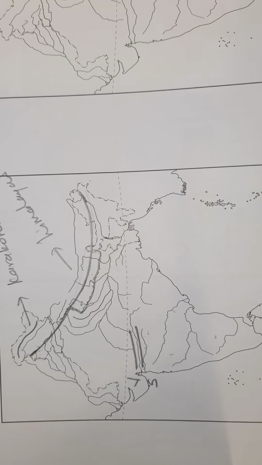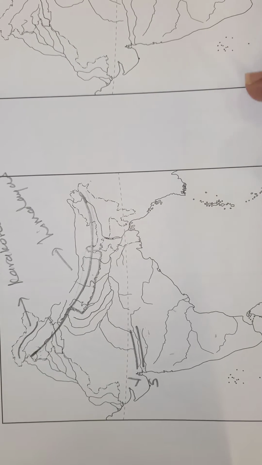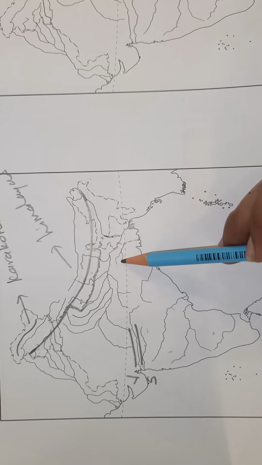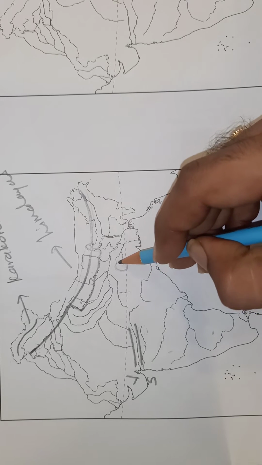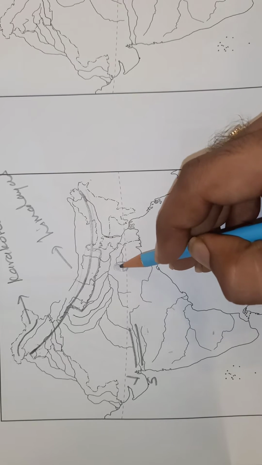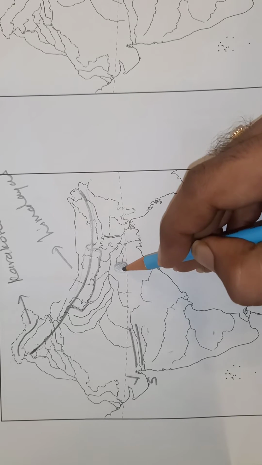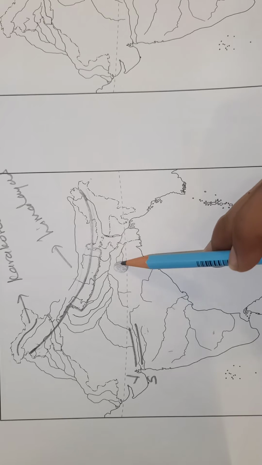Okay, now we will be marking the plateaus of India, the 3 plateaus of India. First is the Chota Nagpur plateau. So where is it? Once again, where we had marked the Jharia in this box, connected to these 2 lines is the Chota Nagpur plateau.